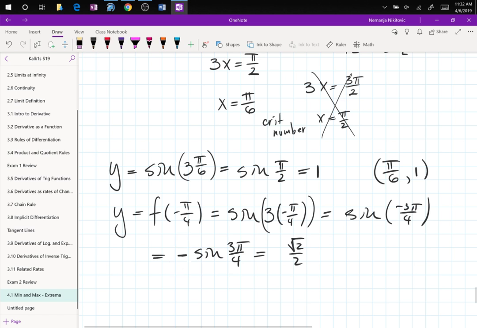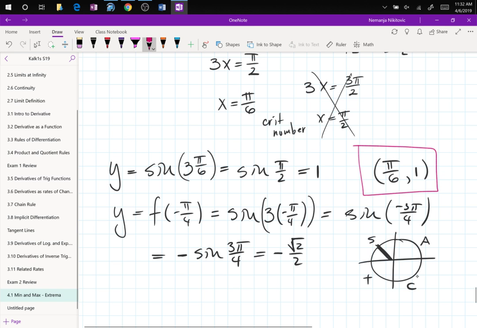So we can draw the unit circle with the All Students Take Calculus rule. 3 pi over 4 is there, right? 1, 2, 3. It's positive, so this remains negative. So we have one critical point over here, and then another one is negative pi over 4, negative root 2 over 2, which is another point in parentheses, right?